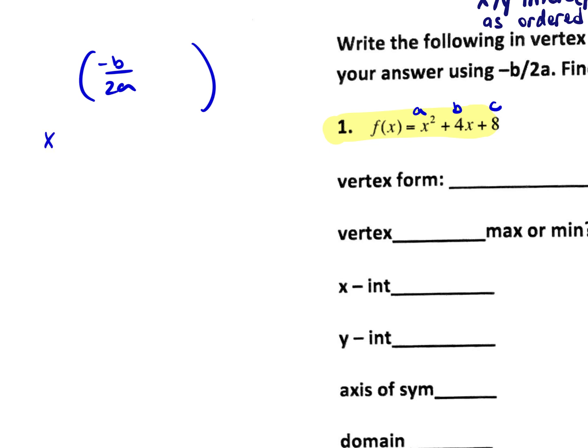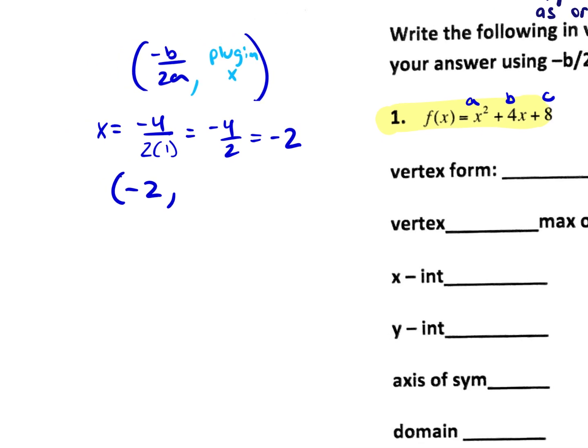So we have -4 over 2 times 1. So -4 over 2, which simplifies to -2. So the first number in our vertex is -2. How do we find the second number? Plug it in. So we're going to plug in -2 and solve for y.